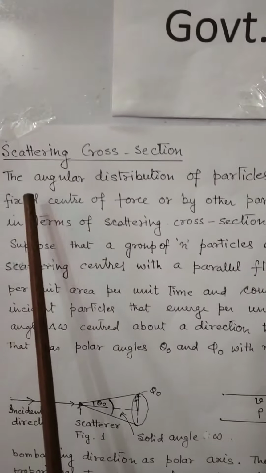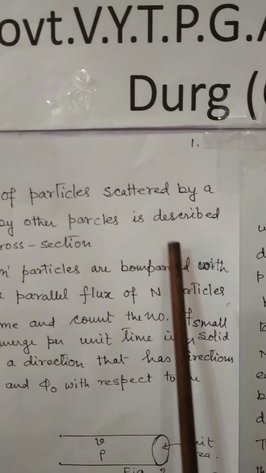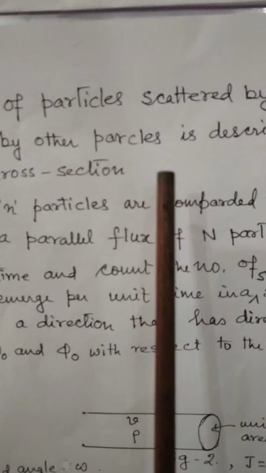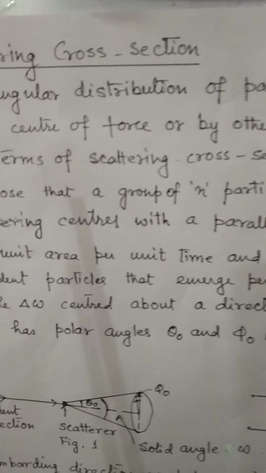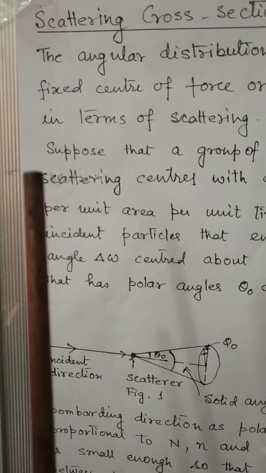Scattering cross section. The angular distribution of particles scattered by a fixed center of force or by other particles is described in terms of the scattering cross section.